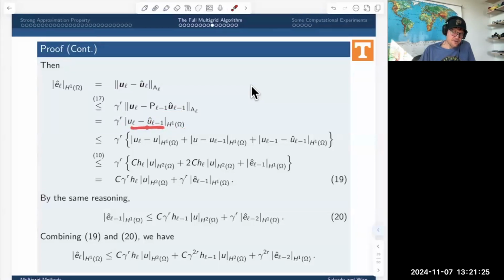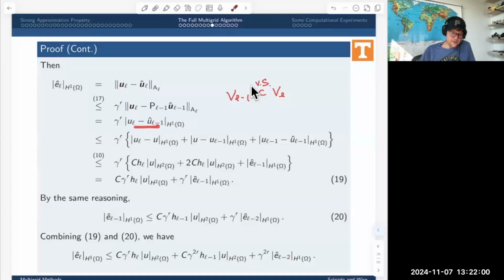This again is just a finite element function. But look at it. This guy here is the difference between a function in VL and a function in VL minus 1. So where does this live? Since VL minus 1 is a vector subspace of VL, if we have a function in here, we can add it to any function in here, and we get a difference that lives in this space VL.